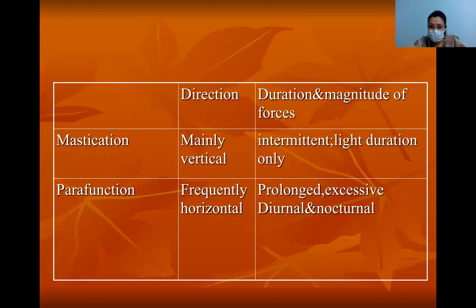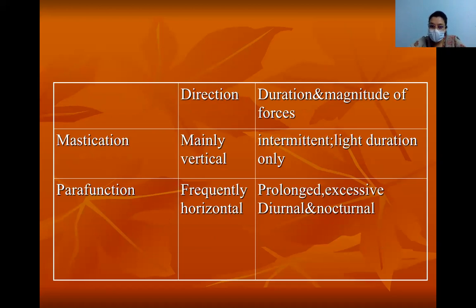So mastication and parafunction can be studied in terms of the direction, duration, and magnitude of forces. When we talk of mastication, the forces are mainly directed vertically. But in parafunction, the forces can be offset, that is, horizontal as well, and therefore are more harmful.